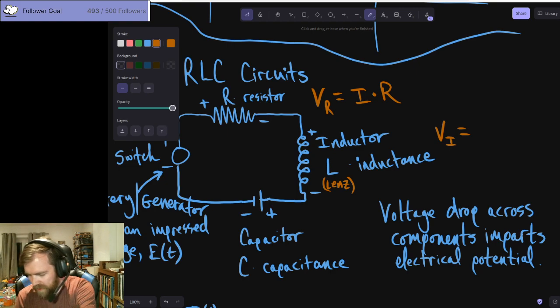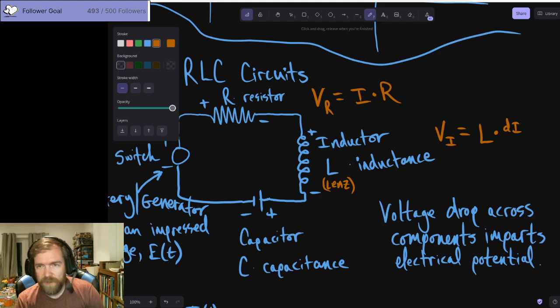So the voltage drop across an inductor is going to be our inductance times the change in the current.